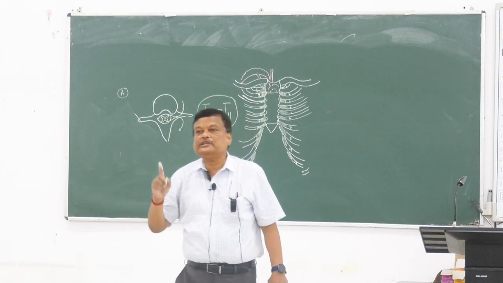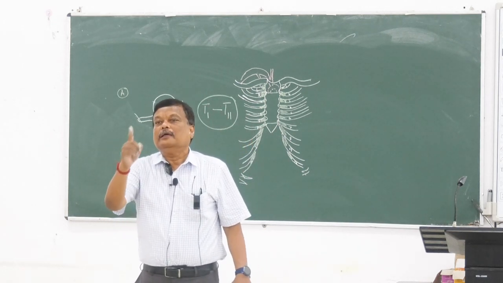Thoracic 1 to thoracic 11 spinal nerve is called the intercostal nerve.